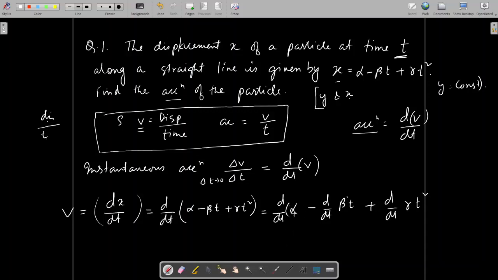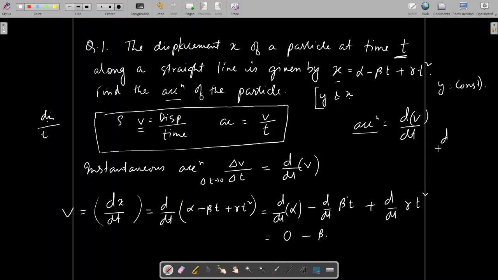Now alpha is a constant. Since our variable is t, all other things become constant. So the first term reduces to 0, then the second, beta will come first.